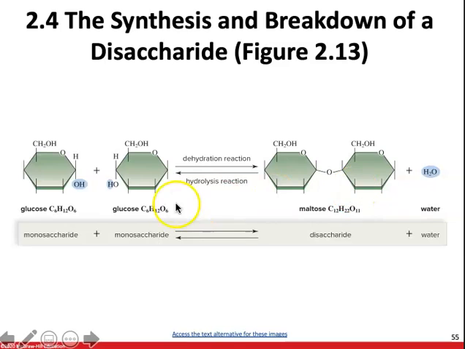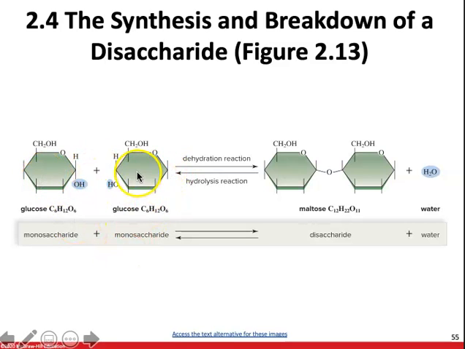What we're going to end up with is an oxygen that is covalently bonded between the 2 glucose molecules to form a single molecule of maltose and a molecule of water off to the side. So if we drive this reaction forward, we have a dehydration reaction. You can also see that there is an arrow here indicating that this reaction can go in reverse. In other words, water plus maltose equals 2 glucose molecules.